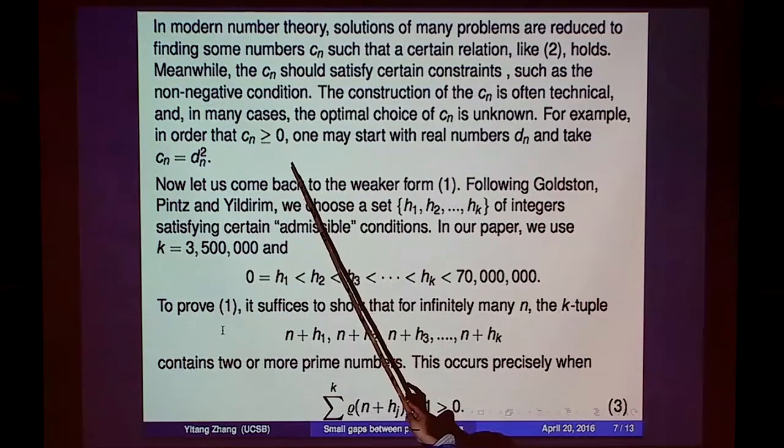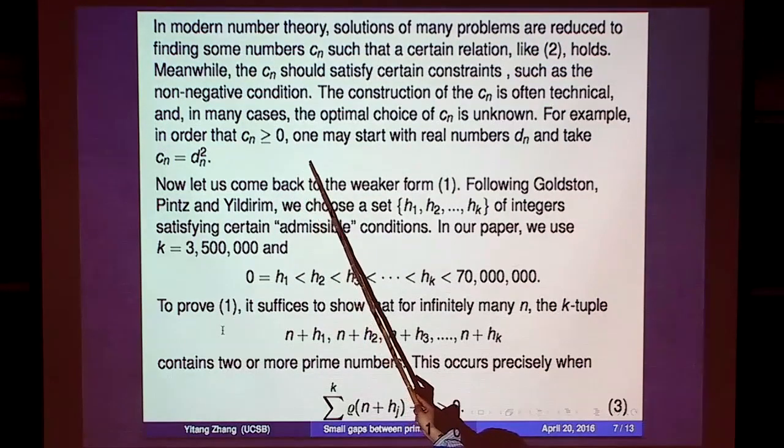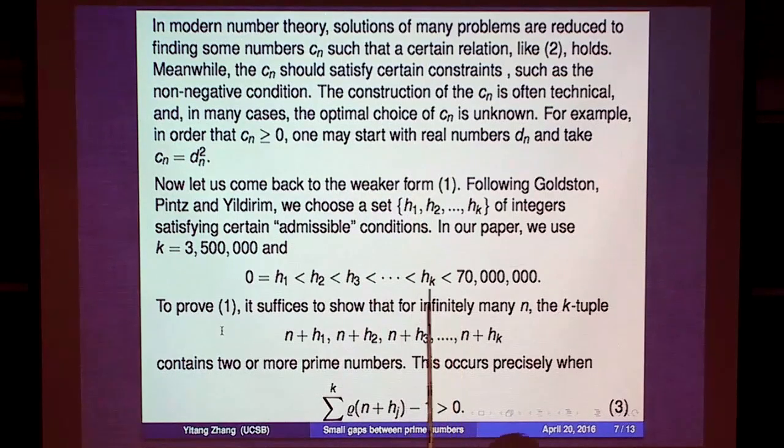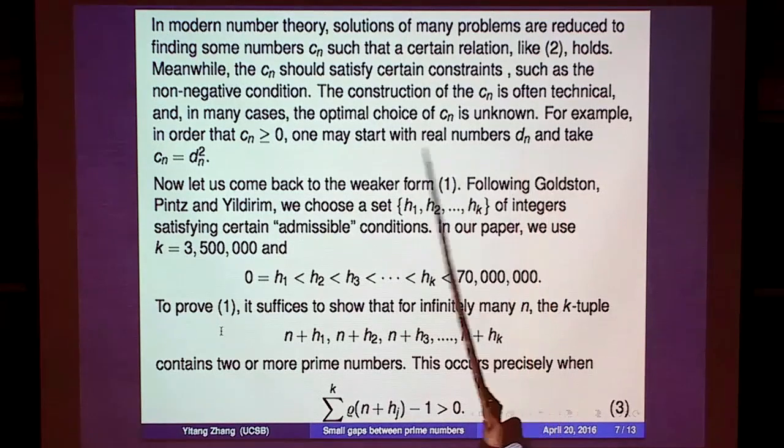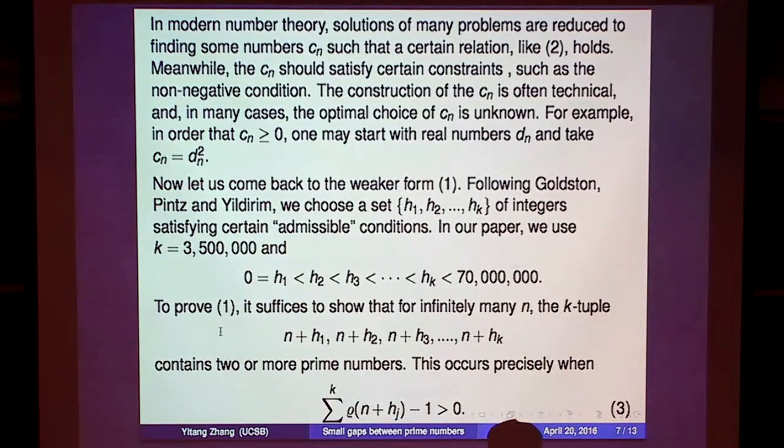But one thing, in most cases, we have a constraint on the C sub n: it should be non-negative. Then another Norwegian mathematician, Selberg, in 1950, found one way. He started with arbitrary real numbers d sub n. Then he took C sub n equal to the square of another number.